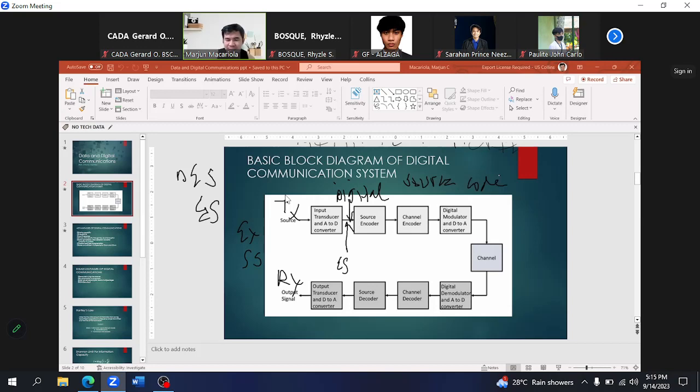Okay? Tandaan, the output of the source encoder is code, source code, and usually that is a digital signal in sequence form. Ano yun? So halimbawa, ang output niya ay 0101. Okay?